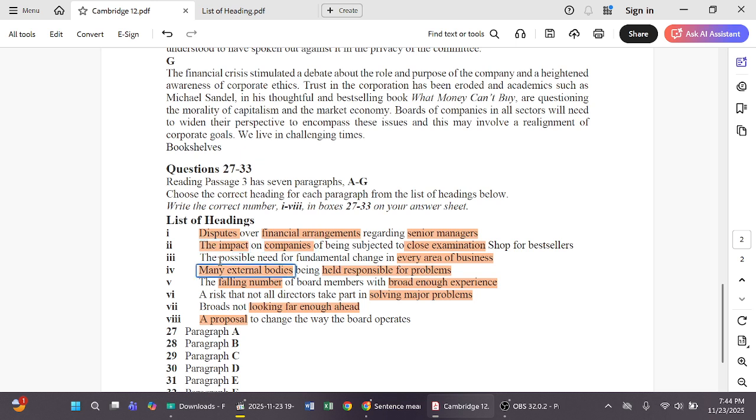Here, many external bodies, governments and other stakeholders, are responsible for these problems. So the answer for list of headings one is number four. We can just write number four here.